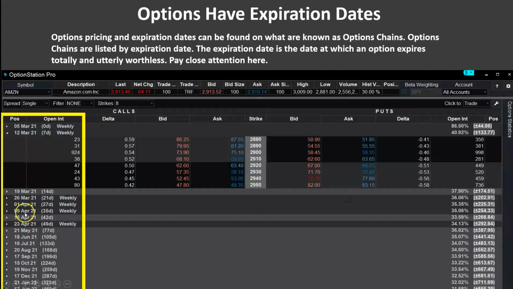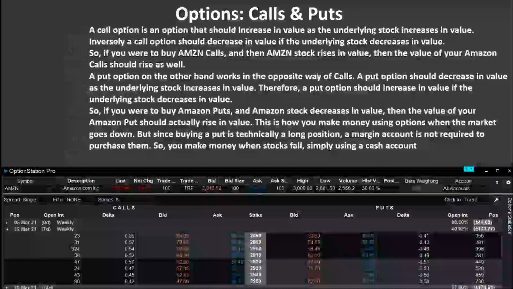The second Friday is a weekly option. The third Friday is the monthly option. The fourth Friday is the weekly option. So they're all just the same. It's just showing which ones are monthly options, which ones are weekly options. Typically, the monthly options will have more liquidity because those forms of expiration dates have been around significantly longer than the weekly options.